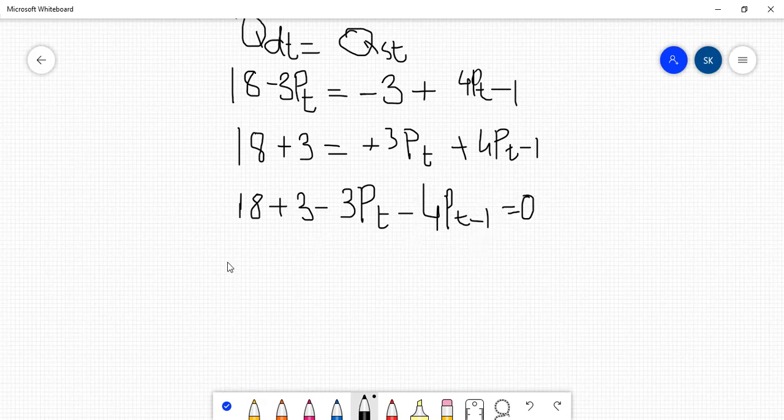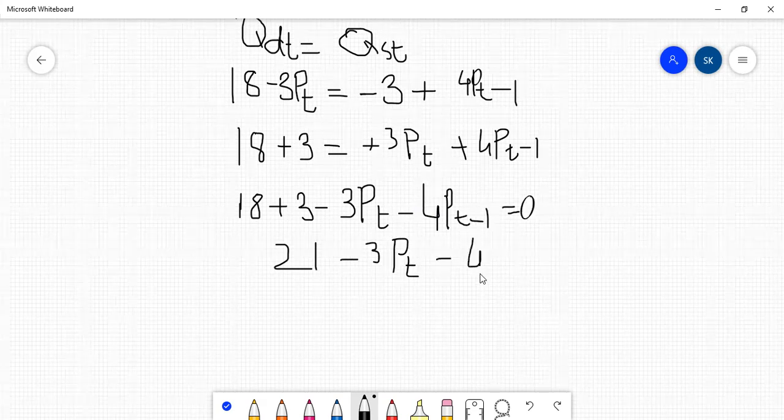So now what we get over here is that 18 plus 3 is equal to 21. And this will now become minus 3pt minus 4pt minus 1 is equal to 0.